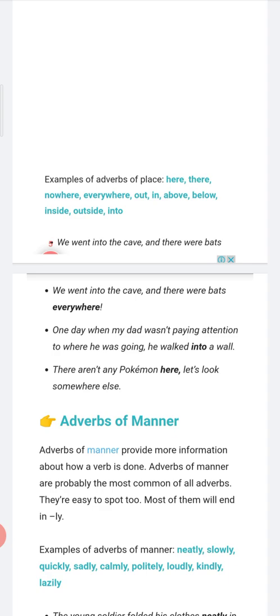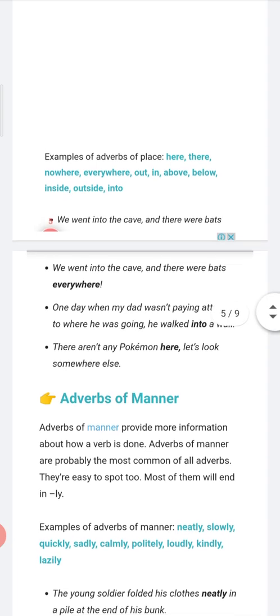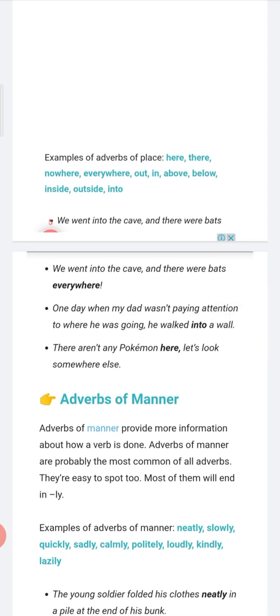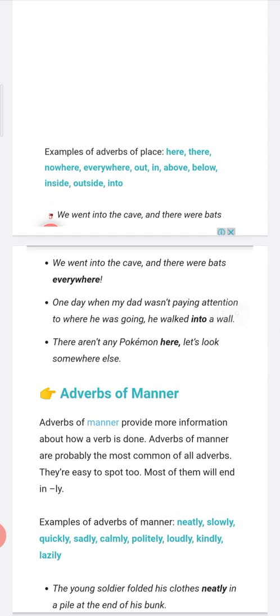The person is saying the Pokemon is not here, so let's go and look somewhere else. Another example: I searched everywhere I could think of. Maybe I was looking for something and searched everywhere I could think of, but I couldn't find my stuff.